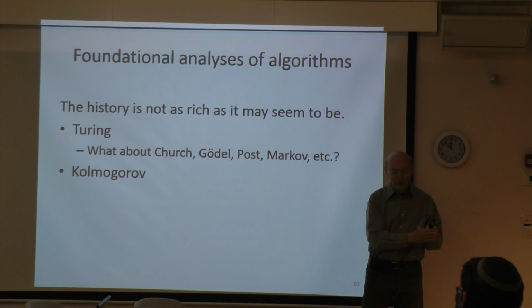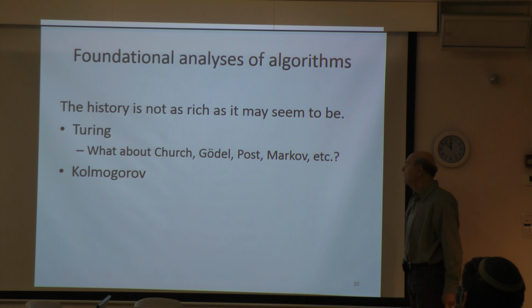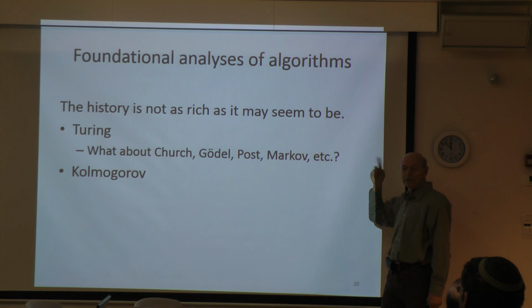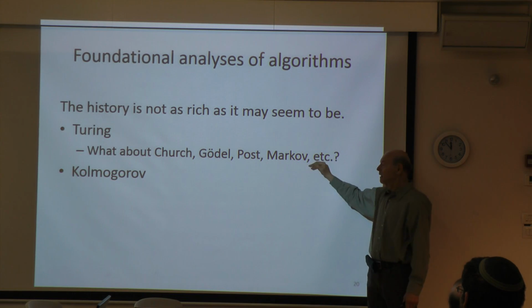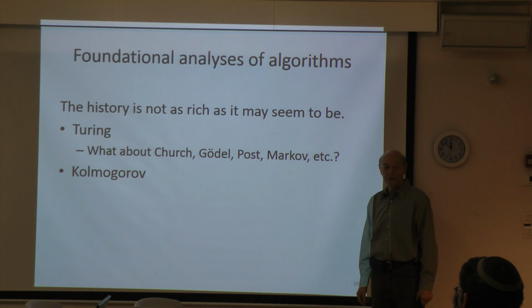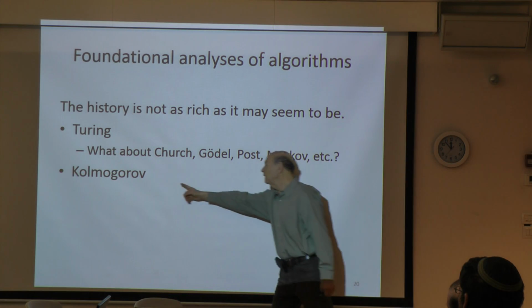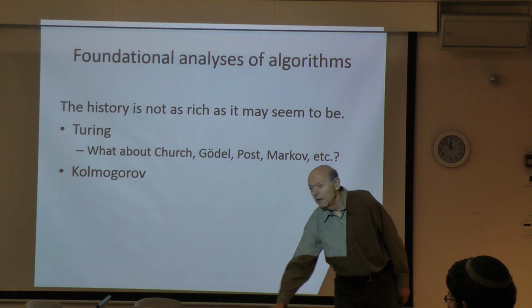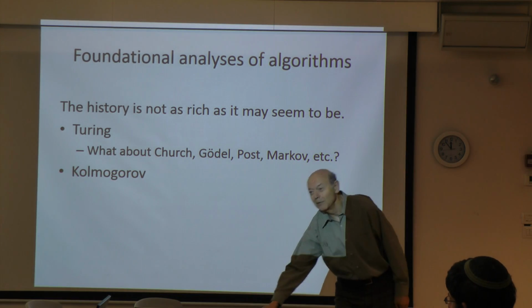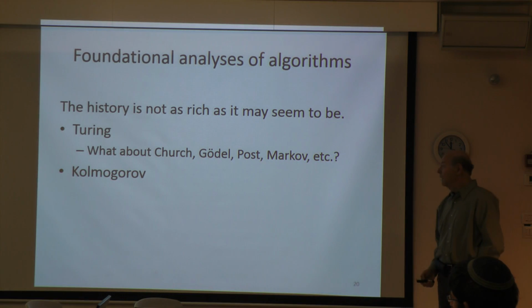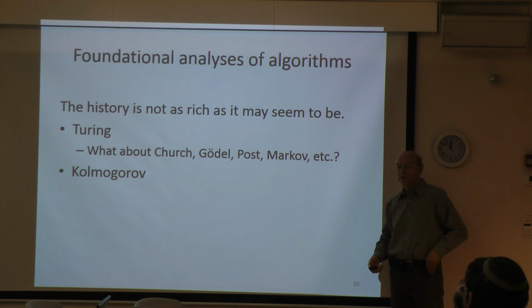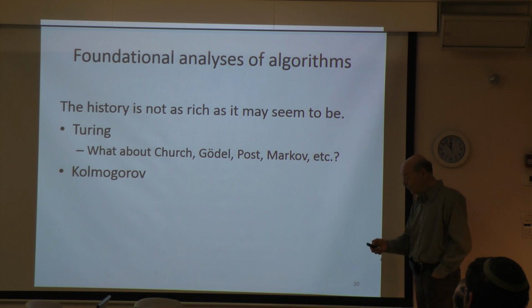Turing machines work with infinite inputs. Then there were a lot of people, but there was only one foundational analysis, and that was by Turing. There seemed to be another one in 1953 by Kolmogorov. I'll return to Kolmogorov. And that's about it, because all these models were technical improvements and variations, but not an alternative foundational analysis.